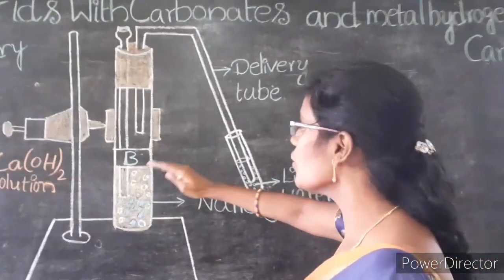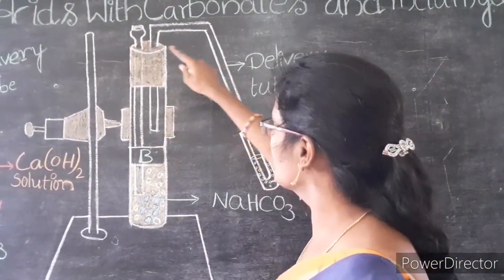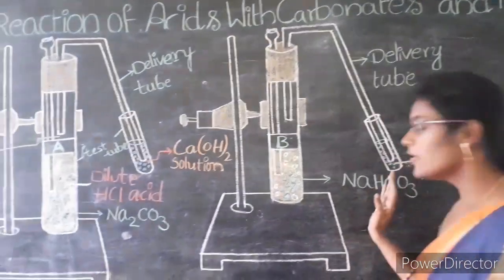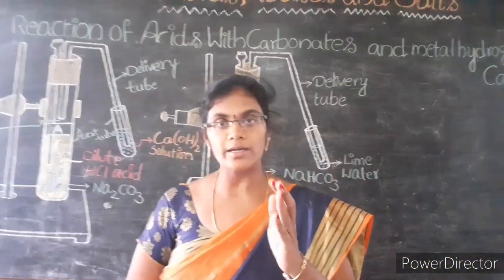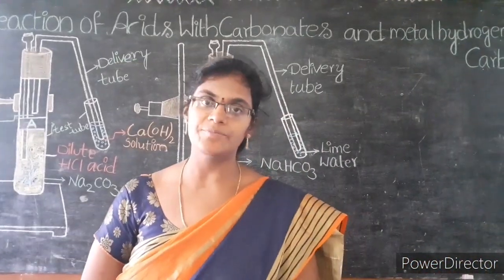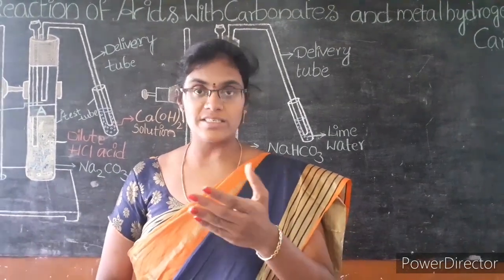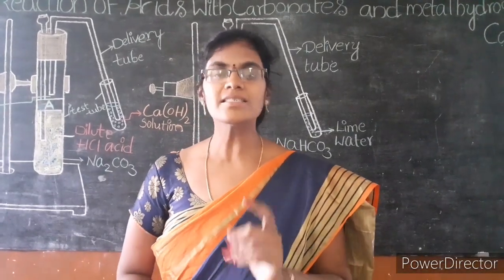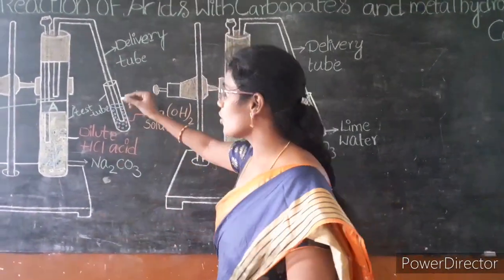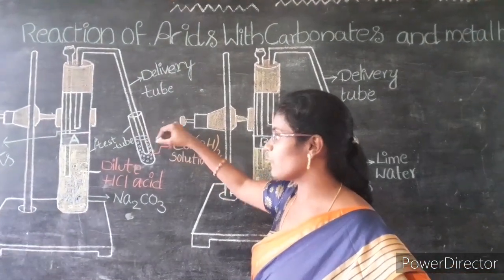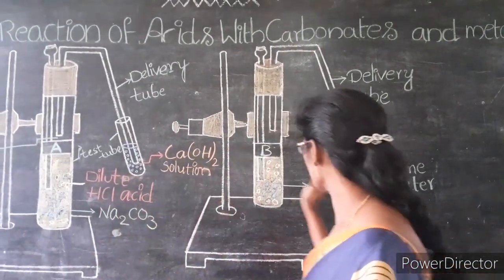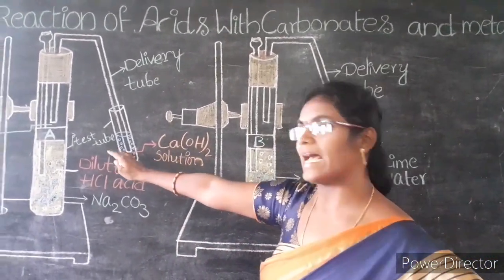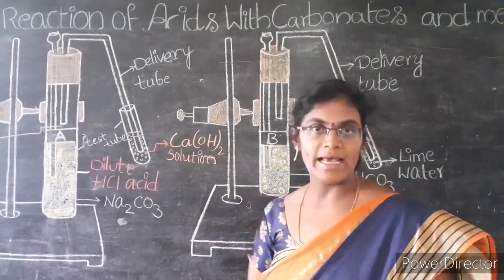Similarly, in this case also we send the released gas into lime water through a delivery tube. In both the cases we will observe that the lime water turns milky white. Children, can you guess which gas turns the lime water milky white? Yes, it is carbon dioxide. Carbon dioxide only turns the lime water milky white. In both the situations the gas released in this reaction is carbon dioxide.